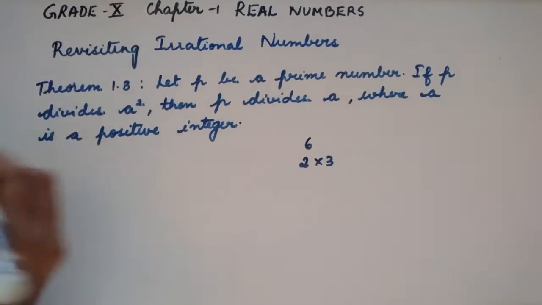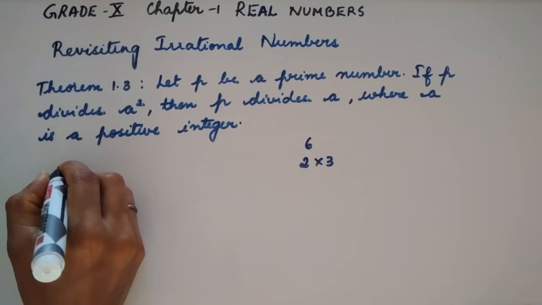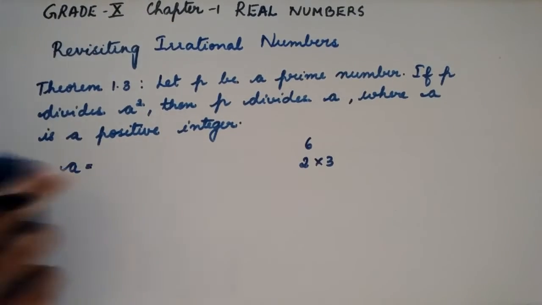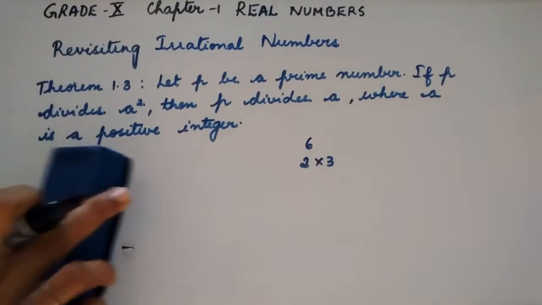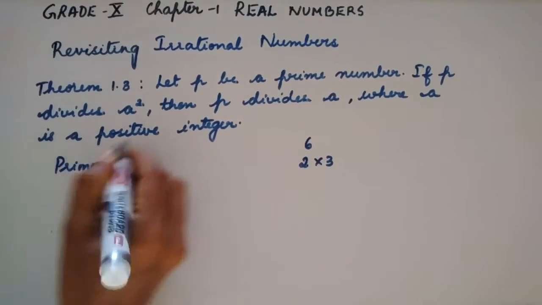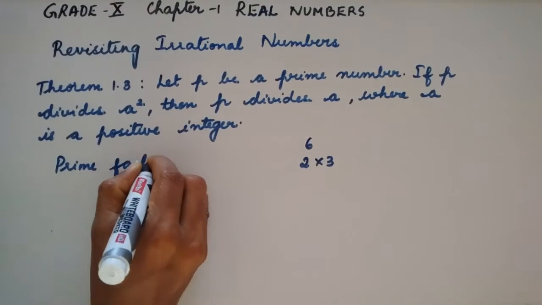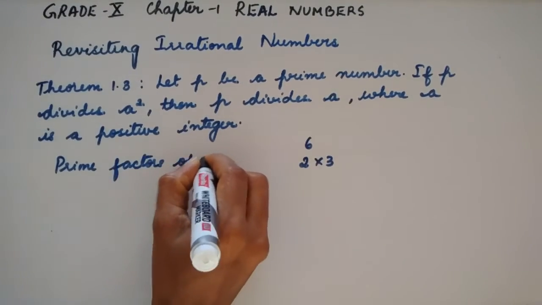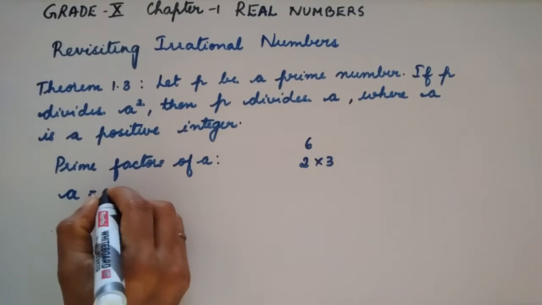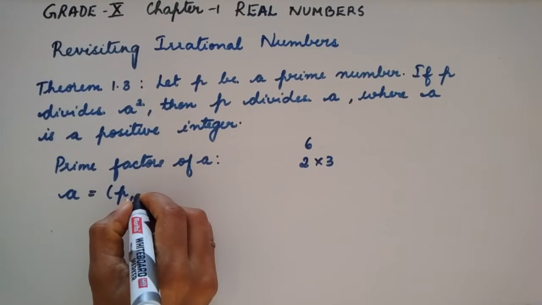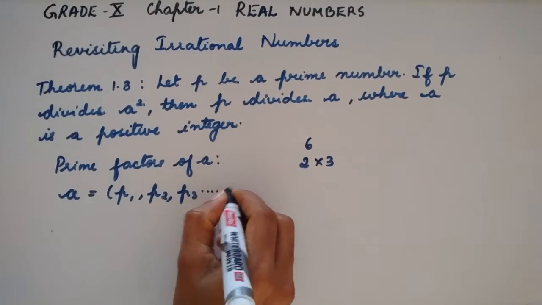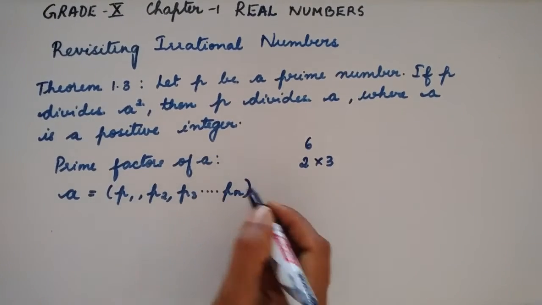So here the prime factors of a, let me write: a is equal to p1, p2, p3, and so on to pn.